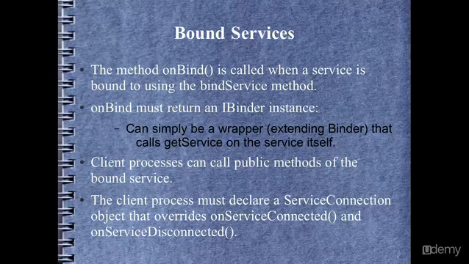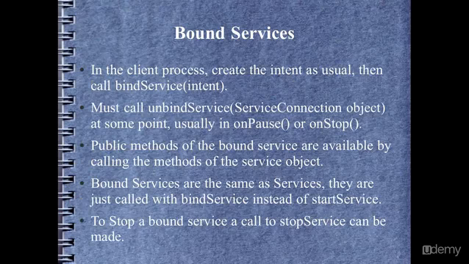specific point of time. So to kind of summarize a bound service, in the client process we create a normal intent. You know, the class we're calling from, which is usually this, and the class we're going to, which is something.class, and then we call bindService on the intent rather than startService.